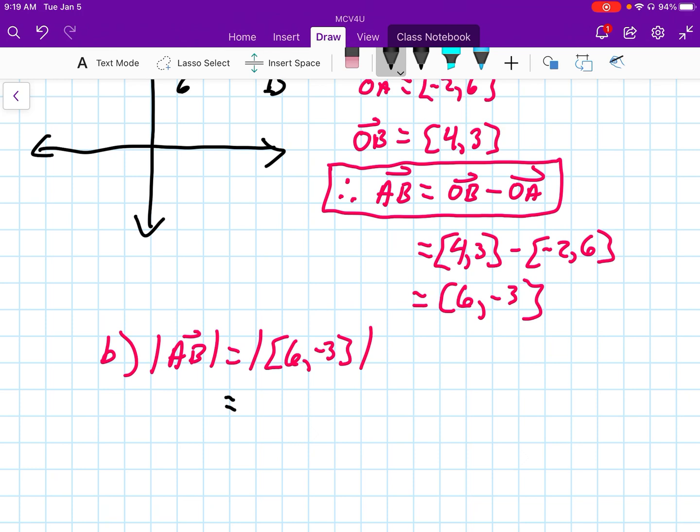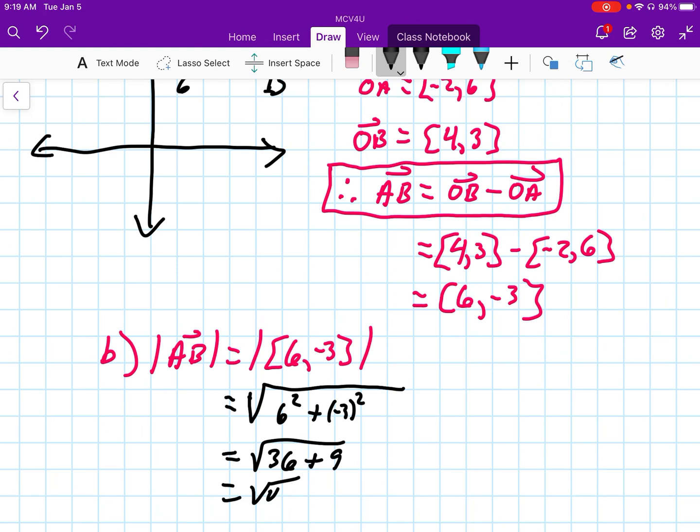To figure out the straightforward magnitude, using the Pythagorean theorem, we use the square root of x squared plus y squared. So 6 squared plus 3 squared, there's 36 plus 9, square root of 45.